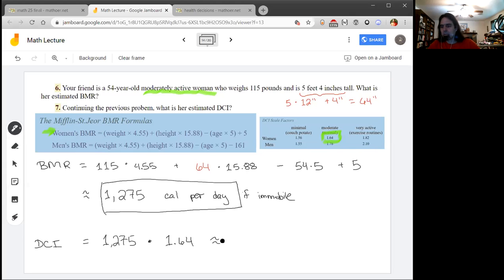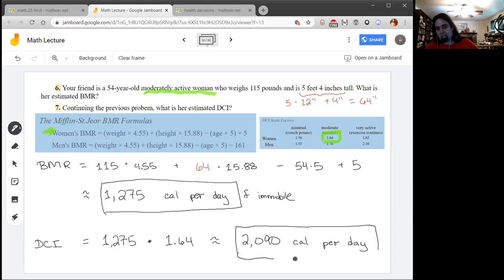And we get about 2090. To me, too much like 0.5.